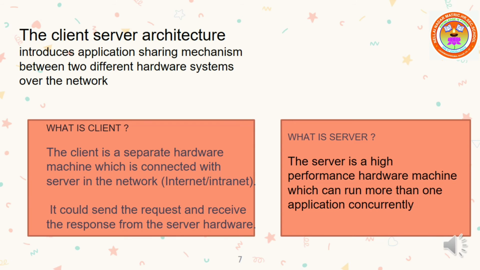The client server architecture introduces an application sharing mechanism between two different hardware systems over the network. Now what is client and what is server? Client is a separate hardware machine which is connected with the server in the network. The client only sends the request, and after sending the request, it receives the response from the server hardware.